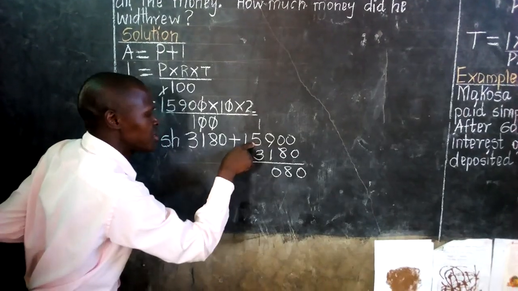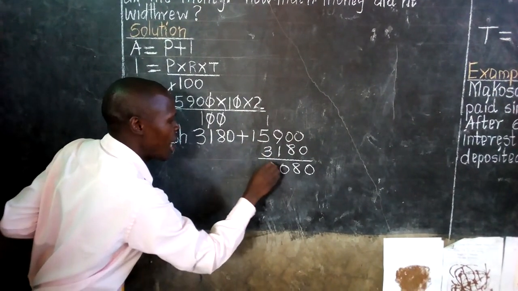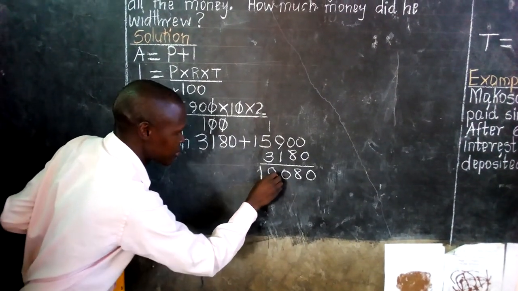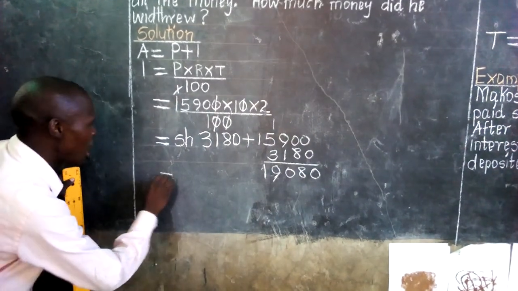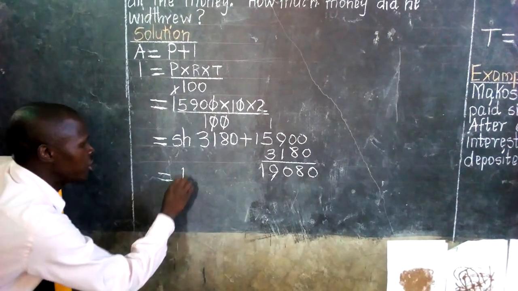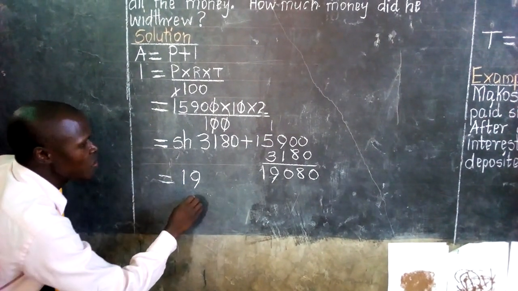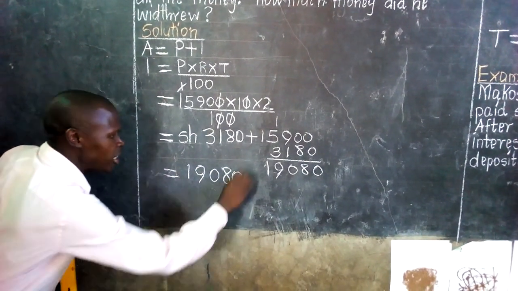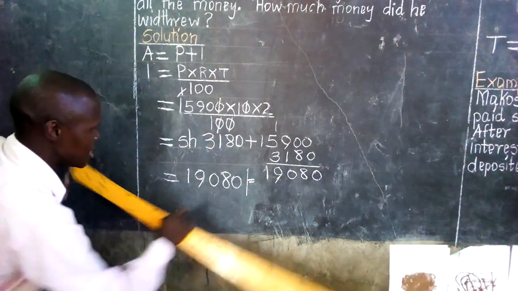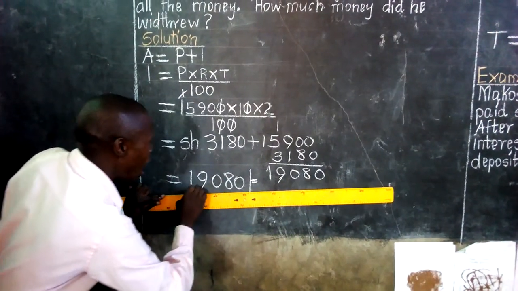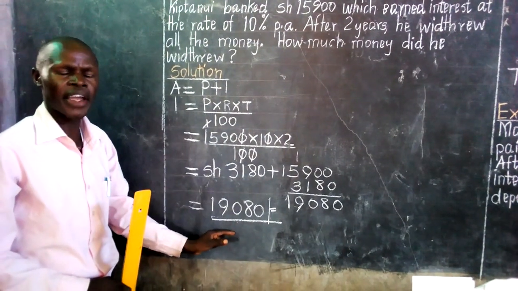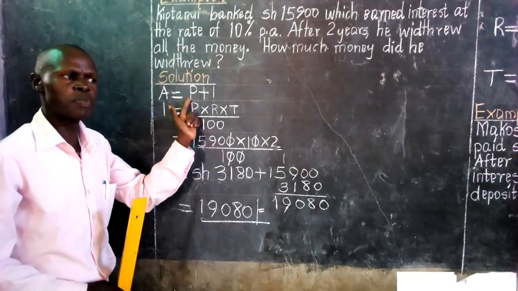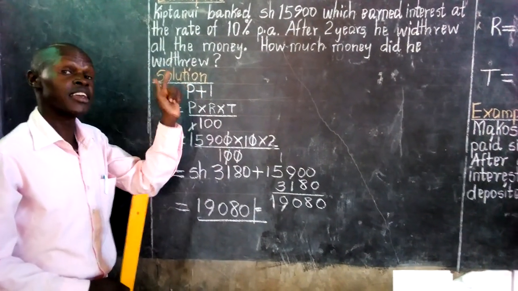That is 5, 6 plus 3, 9. Then we have here 1. That means our amount will be 19,080 shillings. This one will be our procedure of working out for amount, the formula being principal plus interest.